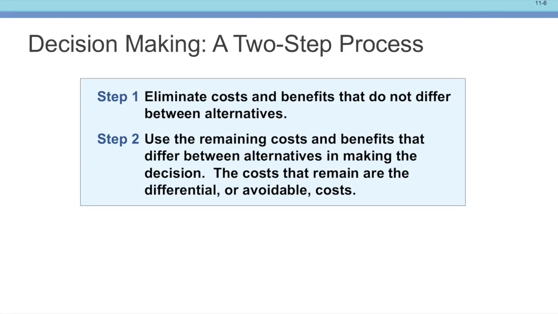So we have to identify our relevant costs, and we have a two-step process. The first one is to eliminate costs and benefits that do not differ between the alternatives. Then whatever's remaining, we look at the costs and benefits of the remaining alternatives to make the decision. The costs that remain are differential and therefore are avoidable costs. So we have different costs for different purposes.